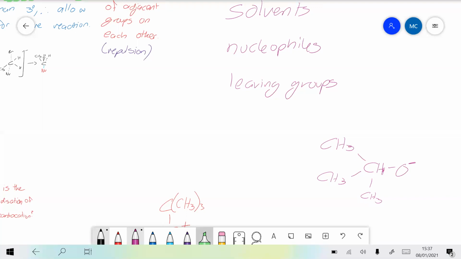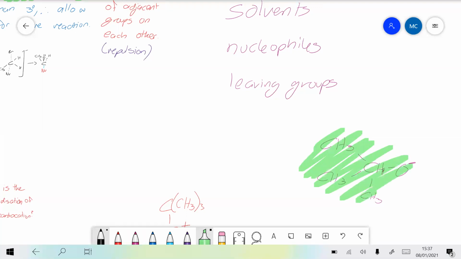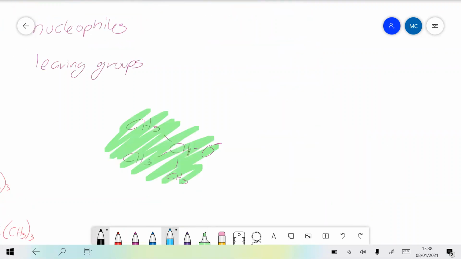And this is a nucleophile you might have never seen before. Anyone knows what the group is? It's not an alcohol. Alcohol would be with an OH. It's an O minus. So what would it be? Alkoxide. The alkoxide.